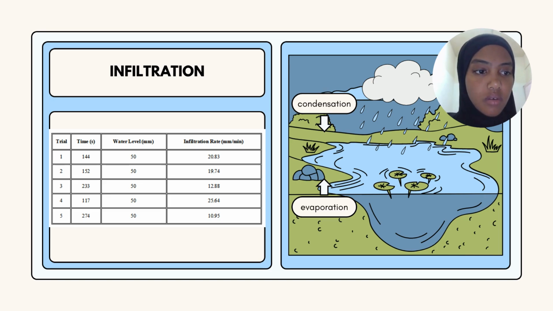Infiltration test was done using a 5 centimeter water level and a stopwatch. We repeated the test five times to ensure consistency. The average infiltration rate was about 18.01 millimeter per minute. We present this data using a bar chart showing all 5 trials. You can see the table. We did the test about 5 times.